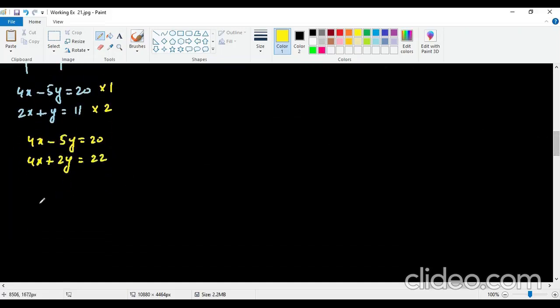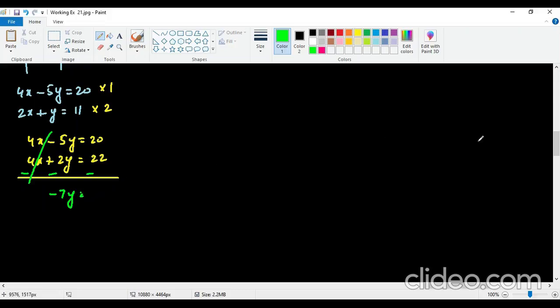Now I will change the signs to subtract. Minus 4x, minus 2y, and minus 22. These two are cancelled. Minus 5 and minus 2 is going to give us minus 7y, and this is going to become a 42.